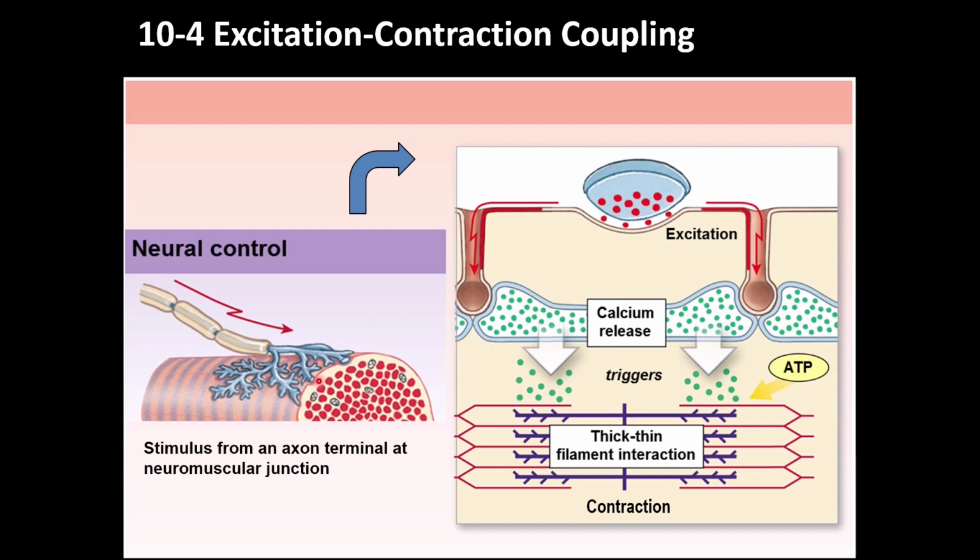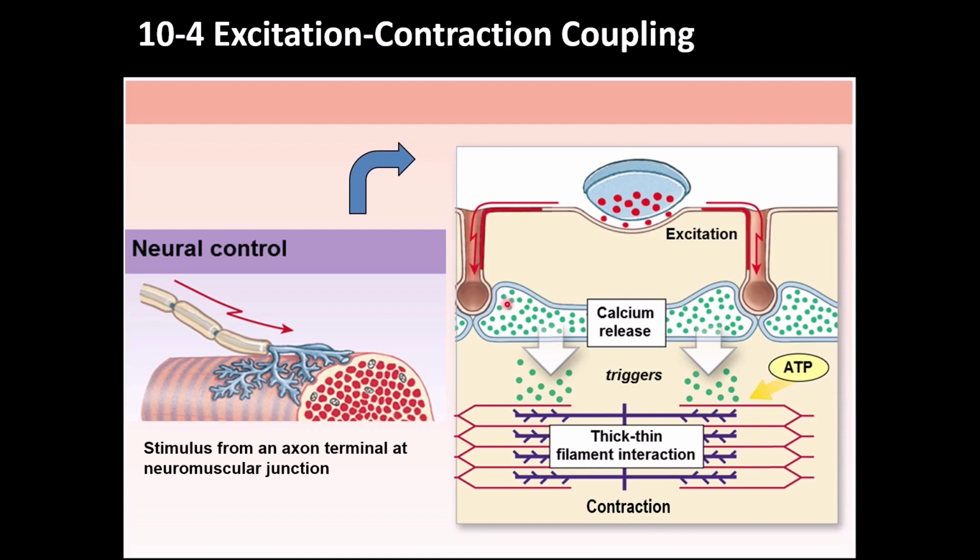They have these vesicles, and this is the end of the neuron. This is called the axon, and they have these vesicles there that contain acetylcholine. When there is a stimulation, the acetylcholine is released, activating the plasma membrane, and that will go to the T-tubule.